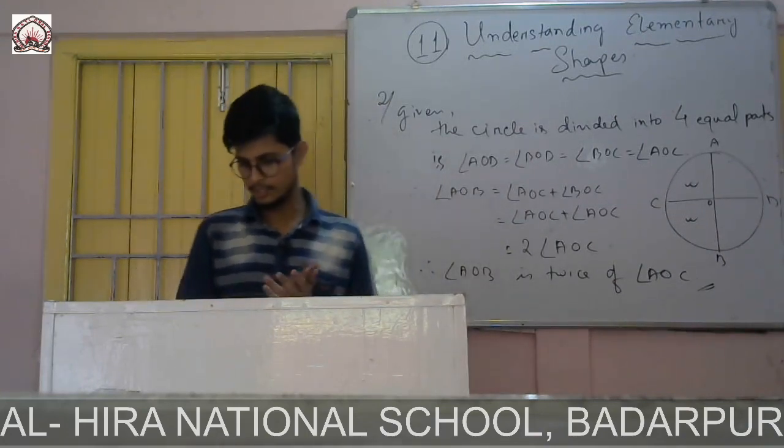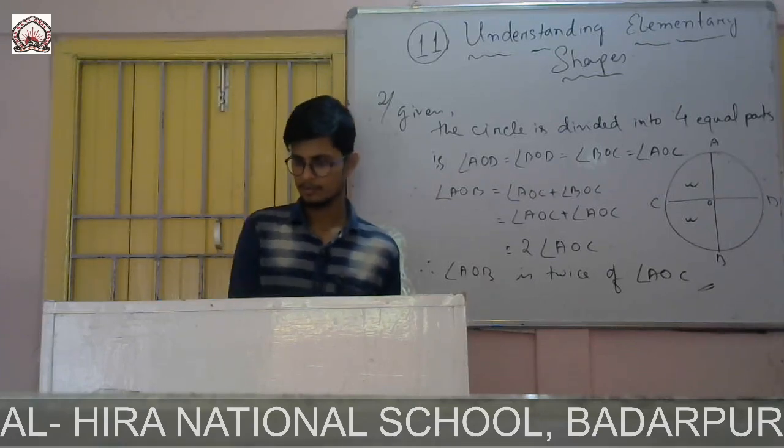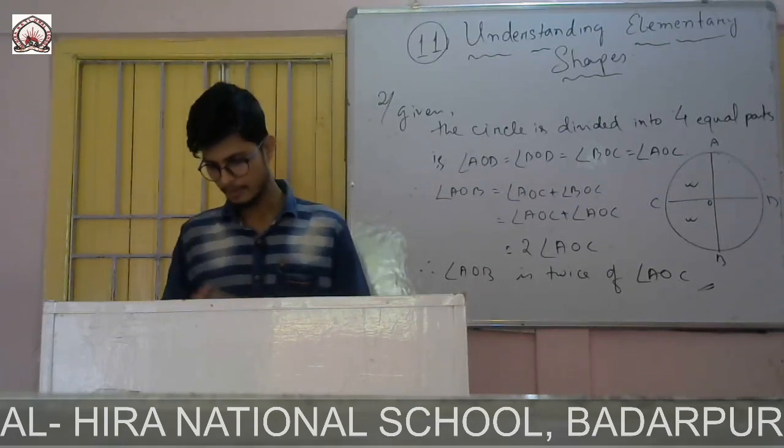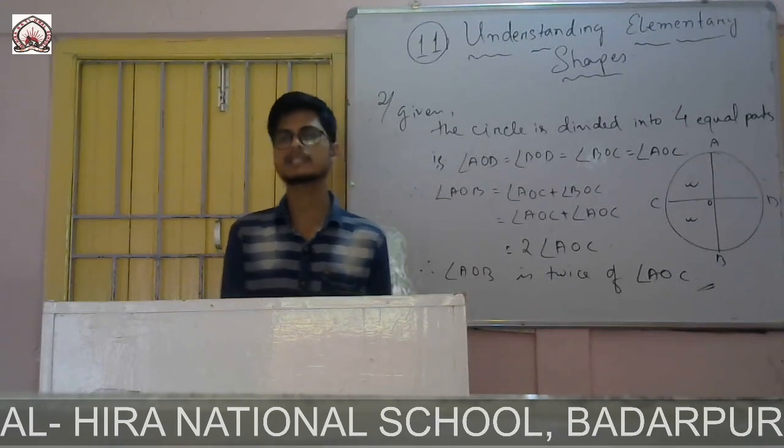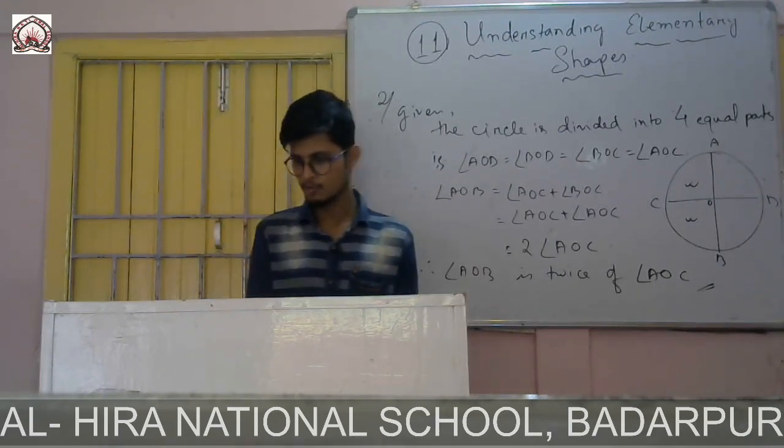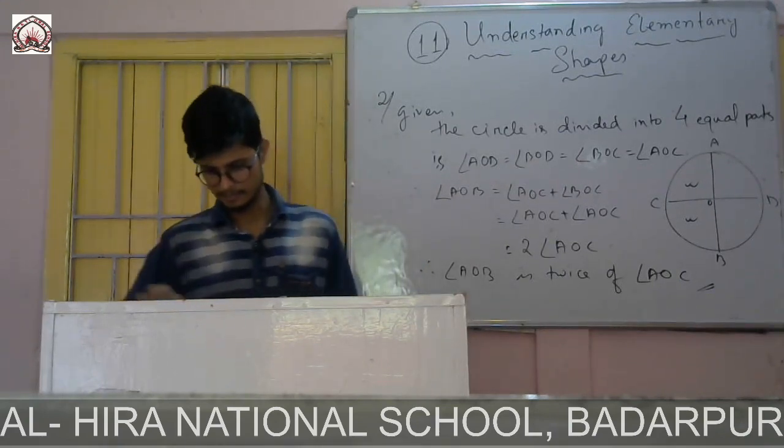Now question number 3. It is given that there is a figure and the circle is divided into 16 equal parts. So you have to find these angles.